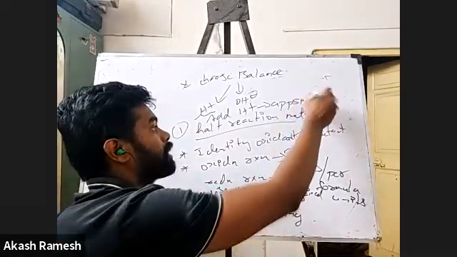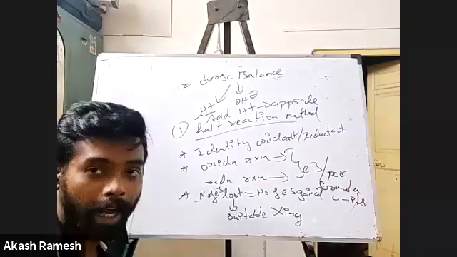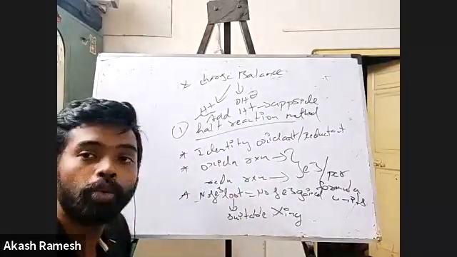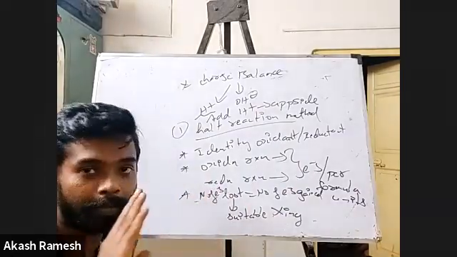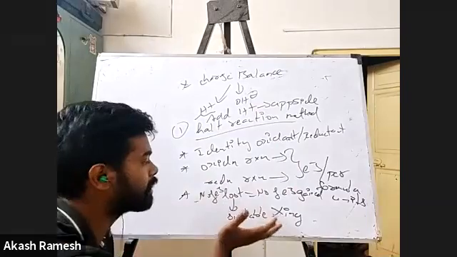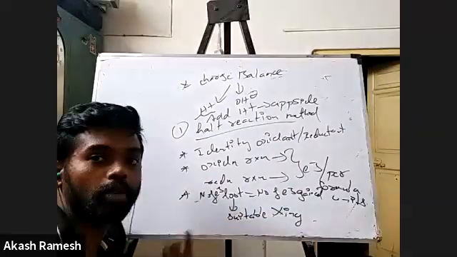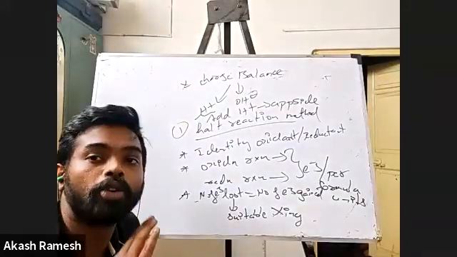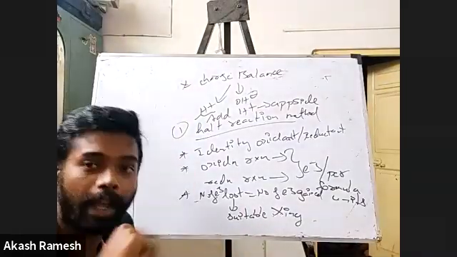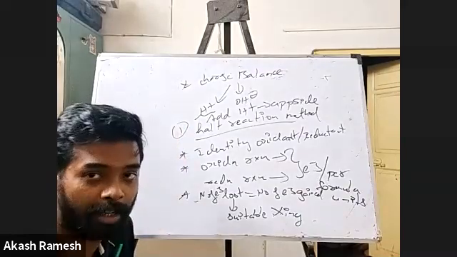Till now, whatever you have done, you wouldn't have touched the oxygen atoms or hydrogen atoms. Even if you find that the oxygen and hydrogen atoms are not balanced, do not worry about it. You are going to take care of that in this particular step.